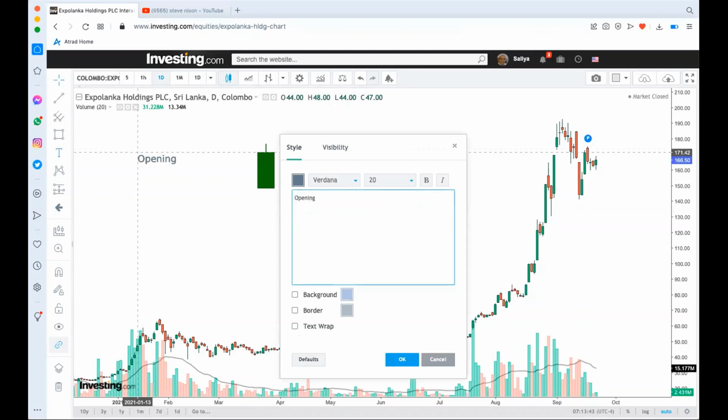Some interchangeably call it the bullish opening Marubosu candle.